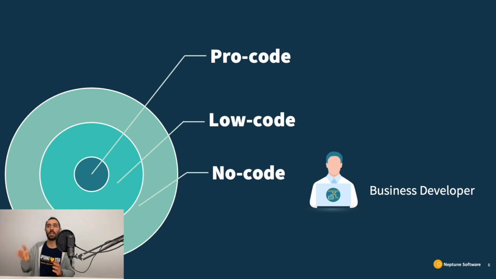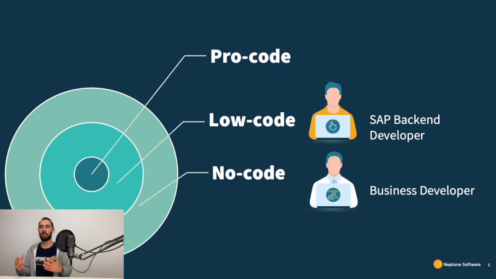Moving one shell closer to the core and one step closer to the IT department, you will find the low-code shell, which is an SAP backend developer. This is someone who knows the SAP terminology, knows the SAP landscape, and also is really familiar with creating ABAP classes and what they mean and how you can use them.